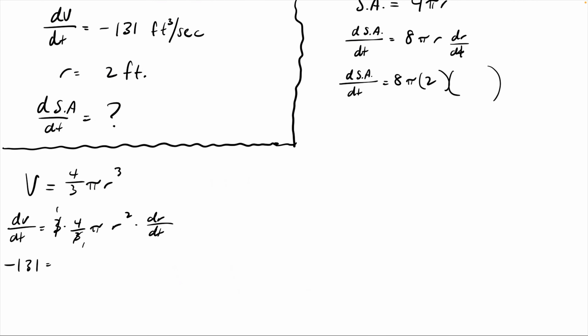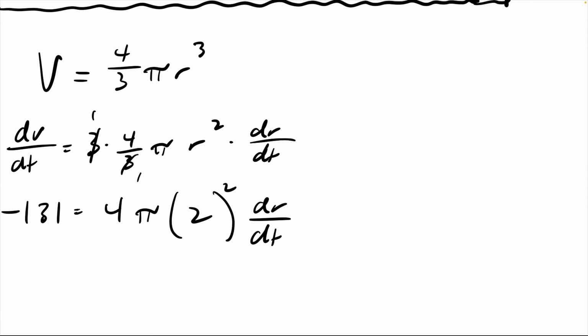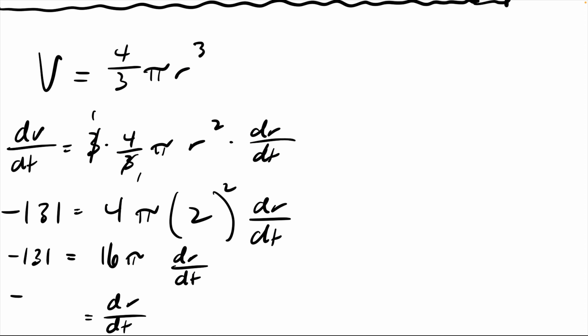These just become 1, so it's 4 pi r squared, 2 squared dr over dt. So it's negative 131 equals 2 squared, 16 pi. So you would get dr over dt equals negative 131 over 16 pi.